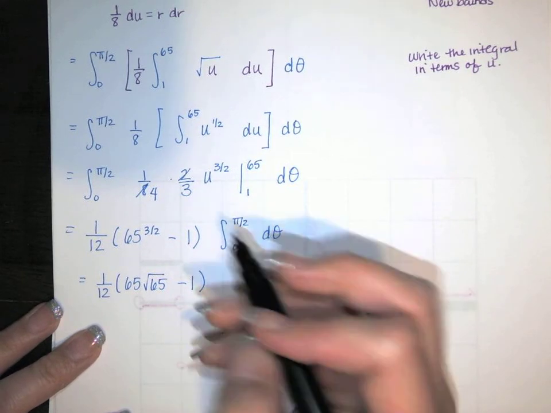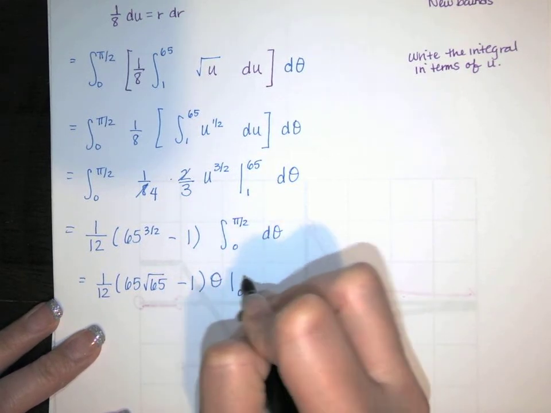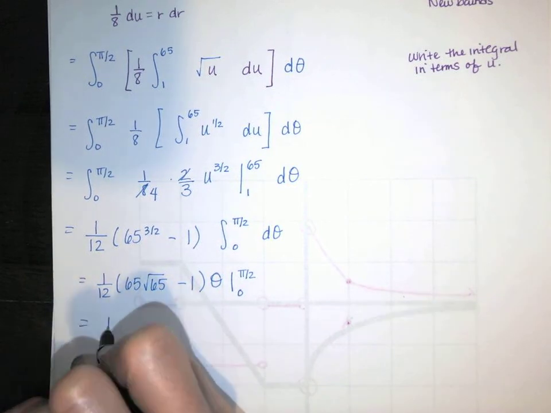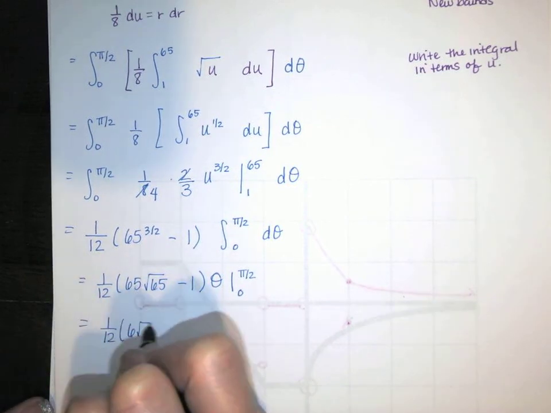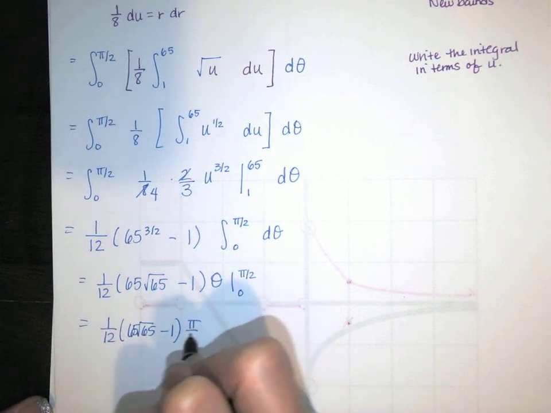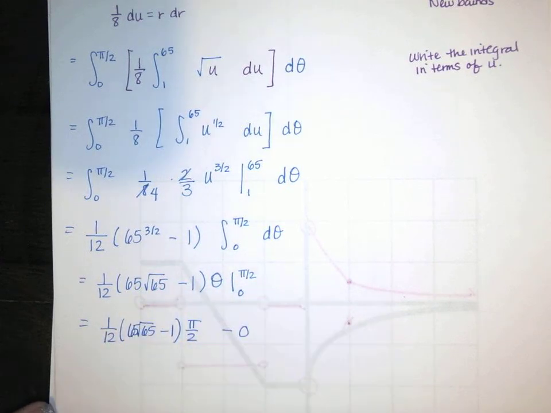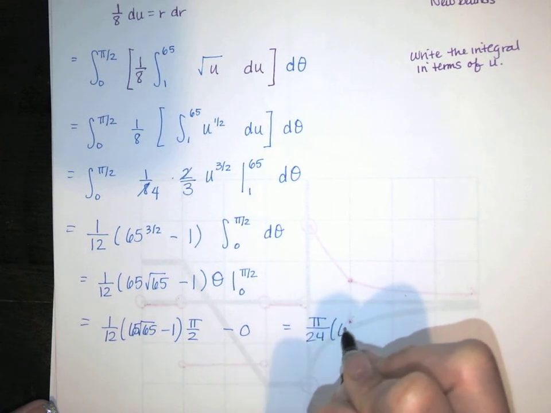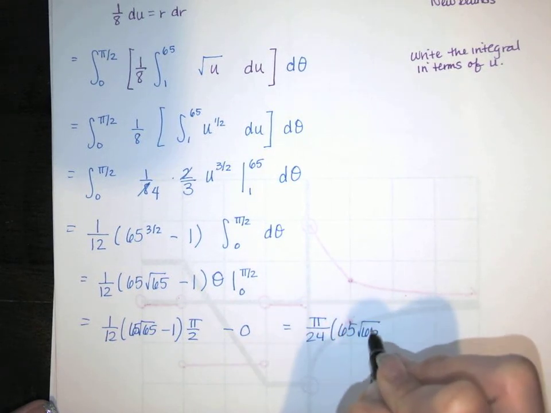The antiderivative of 1 with respect to theta is theta, and we evaluate from theta equals 0 to theta equals pi over 2. At pi over 2, we get that. At 0, we get that. So we end up with pi over 24 times 65 root 65 minus 1.